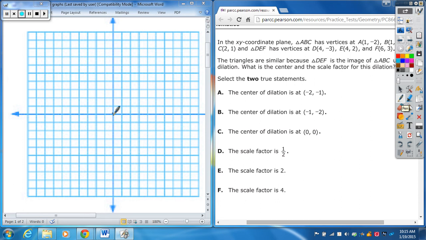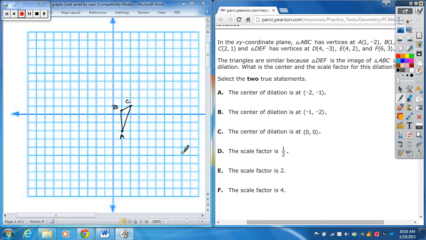So this will be half, this will be 1, half, 2, half, 3, half, 4. Now if I do that, it's going to be huge, isn't it? All right, reset. Okay. All right, so this is going to be C. And I'm going to connect all 3 of those points.